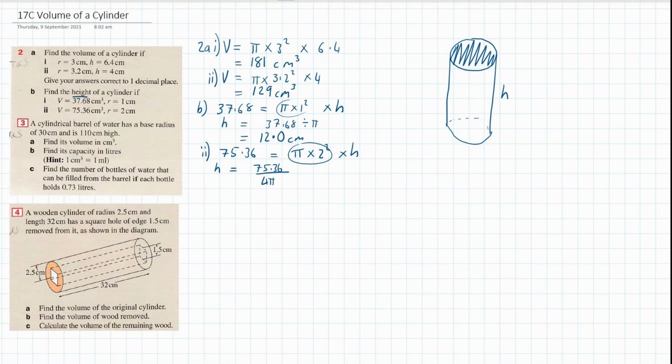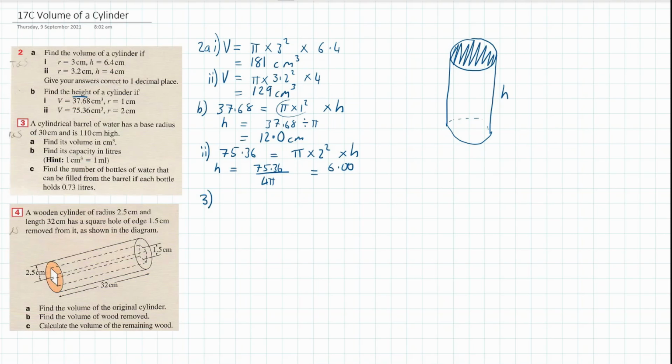I've just simplified this to get that 4 pi. To three significant figures that is 5.996, so 6.00. Oh, it says give me answers to one decimal place, I think. Never mind, that's fine.